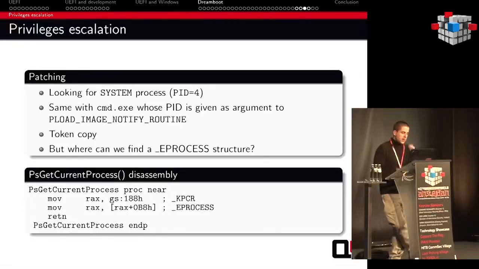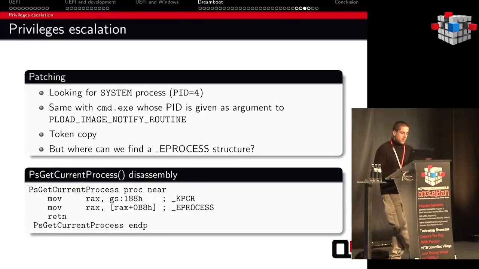My idea is to substitute the token field and replace it with a high privileged token. So I copy the token from a system process, which always has the same PID 4, and we can do the privilege escalation.